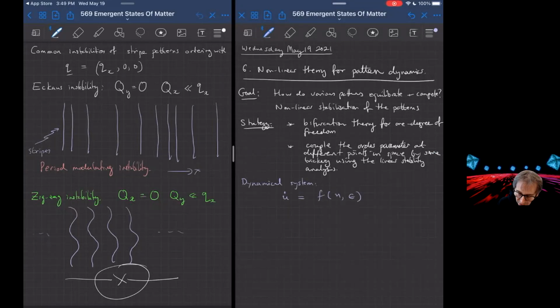And what we're going to assume is that for control parameter epsilon small enough, so that means epsilon is less than some critical value, then u equal to 0 is a stable solution.